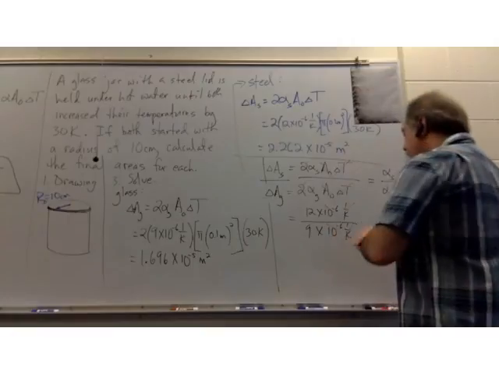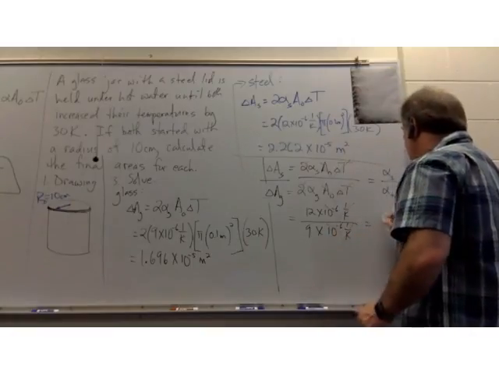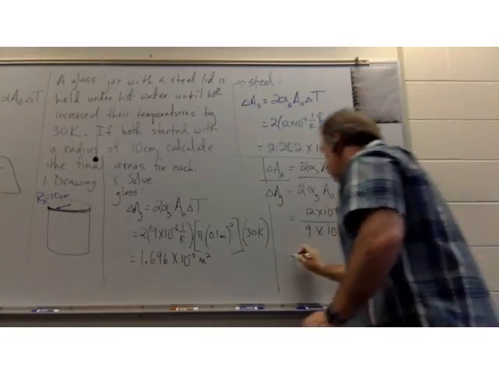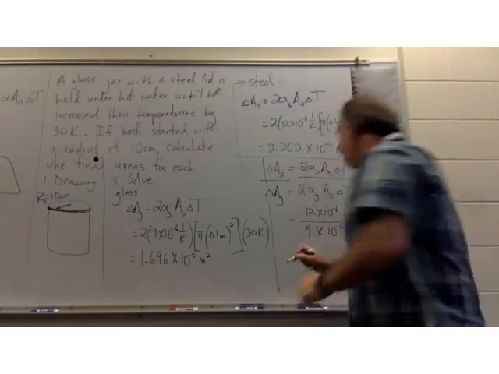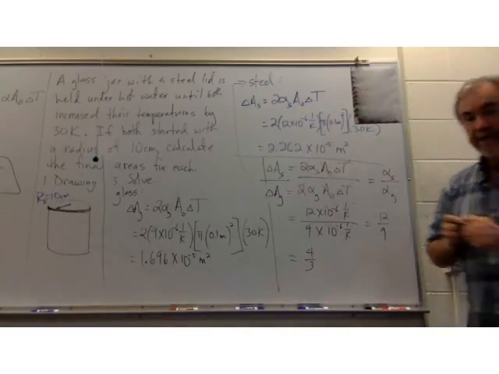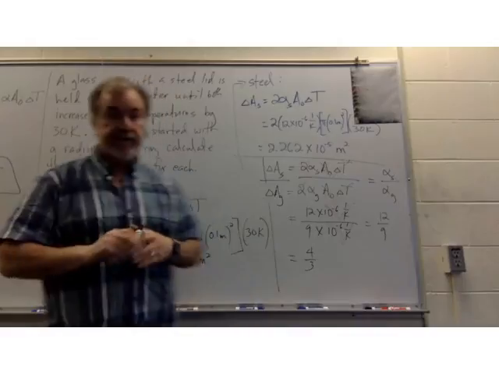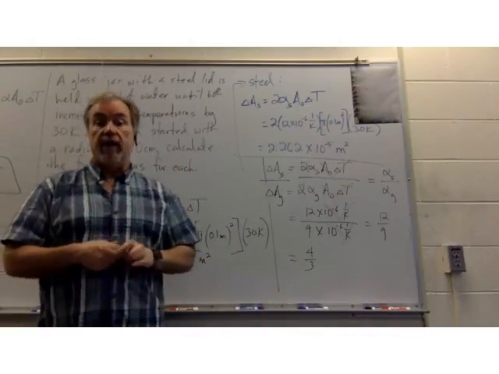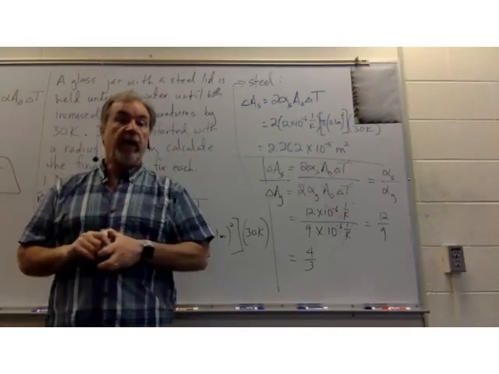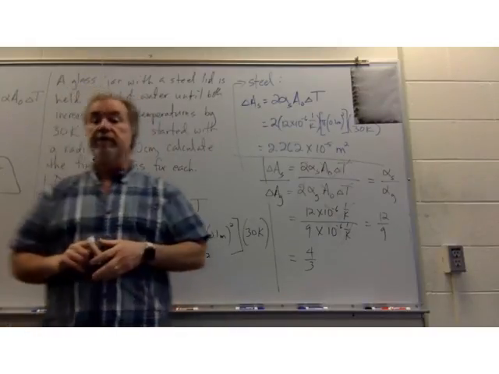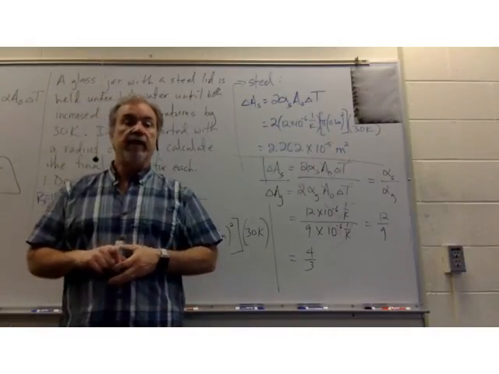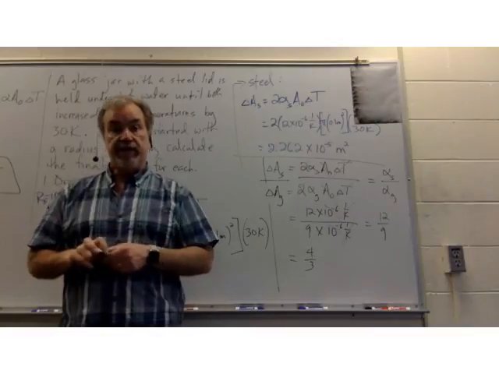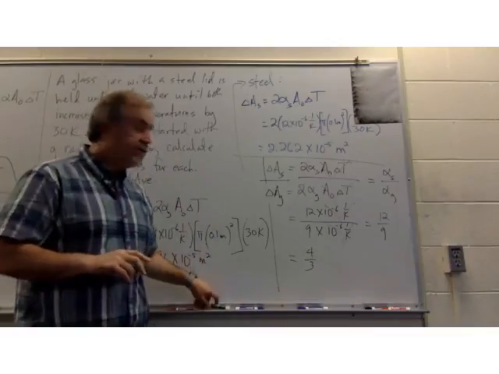And we're simply left with 12 over 9, or 4 over 3. And thus the result is that the new area of the steel lid is 1 1/3 times larger than the area of the opening of the glass jar. And put in those terms, I think you'll agree that that is a significant change, at least percentage-wise.